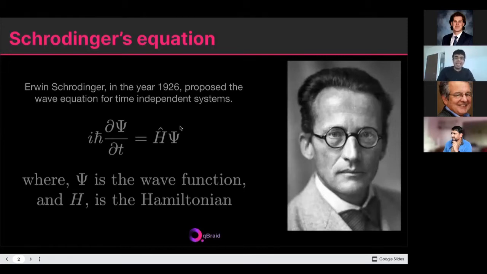Okay, and the wave function evolves according to the Hamiltonian. Now, the Hamiltonian is kind of an energy operator. It provides sort of like a landscape. Sorry, is there a question?